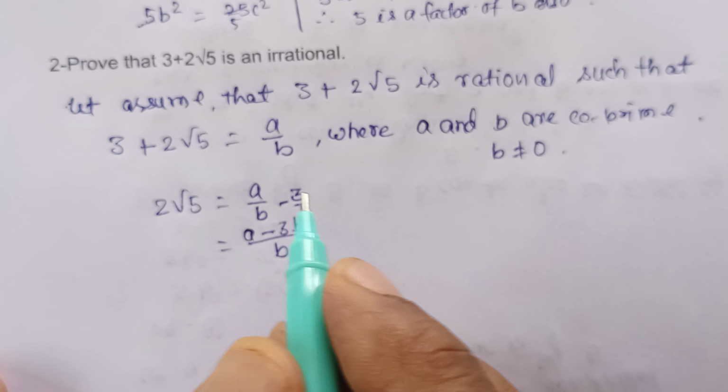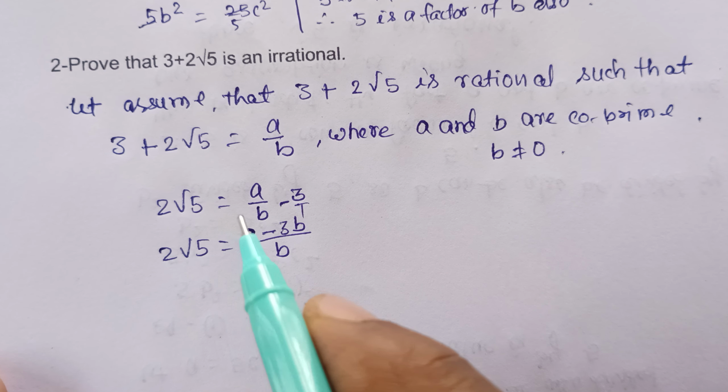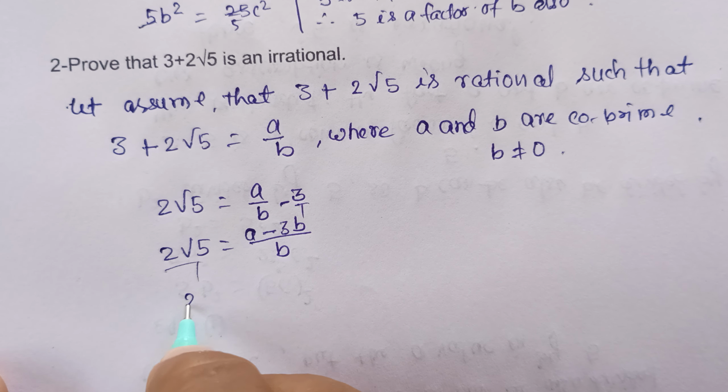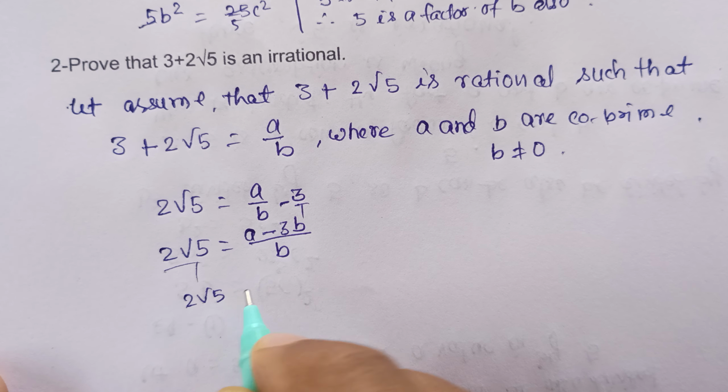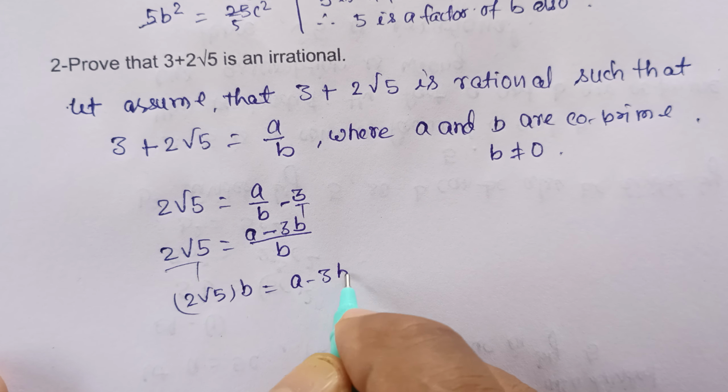So 2 root 5 into b is equal to a minus 3b.